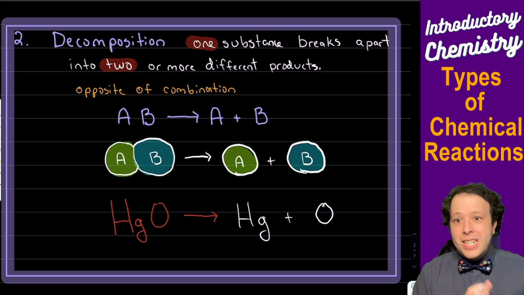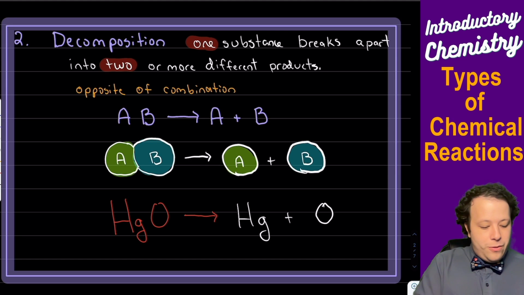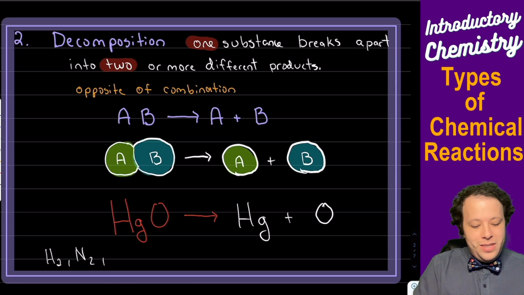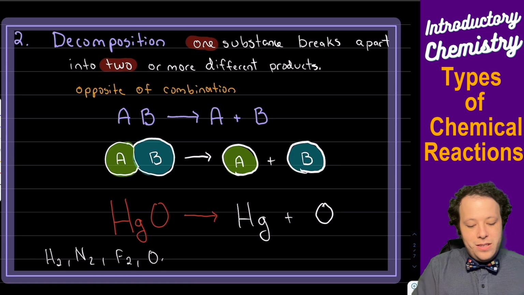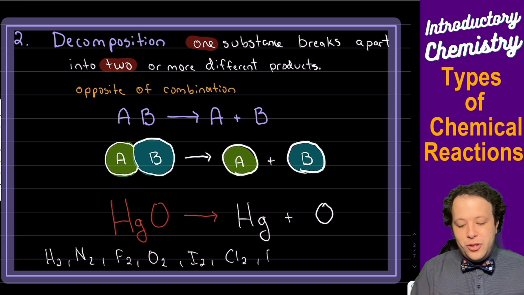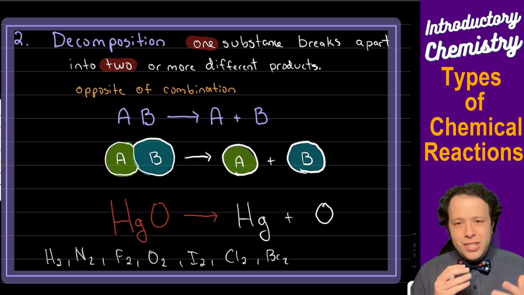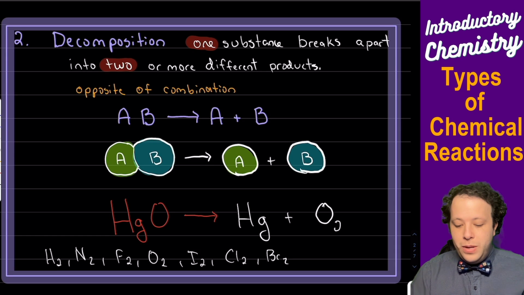So if you remember the seven diatomics, just to write those down for ourselves: have no fear of ice cold beer. This is going to help you a lot for future reactions. So being that oxygen naturally forms O2, we have to remember to write that subscript there.